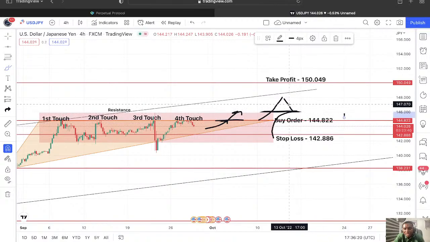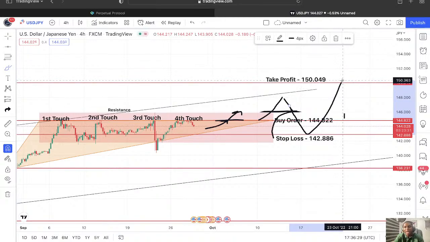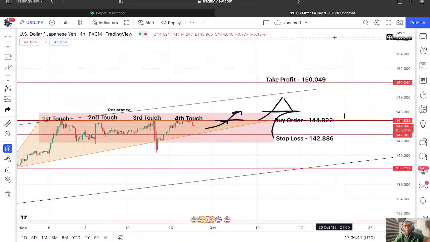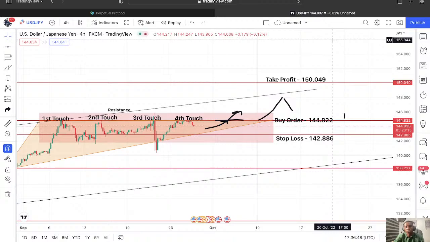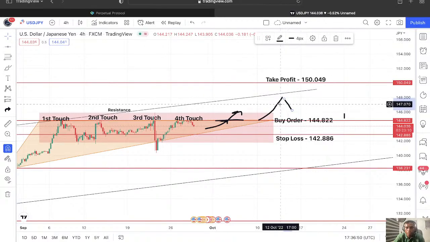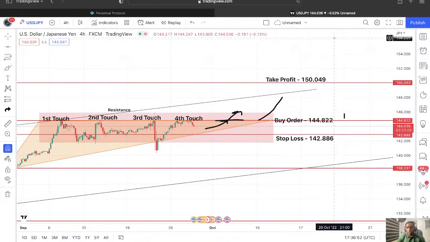It is better than price coming back into my buy region, eating my take profit, and then going back in my direction, and I'll be like, what? It had first gone in my direction. So you don't want to be in that position. You always want to hedge or break even. That's very important.